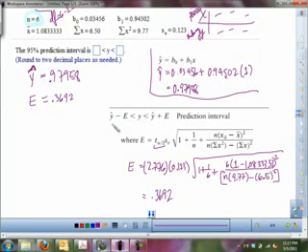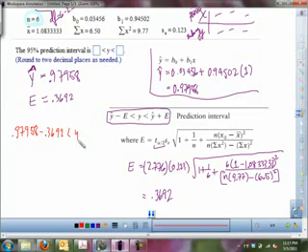And we want our prediction interval to look like this. So we have 0.97958, and then a minus 0.3692, less than y less than 0.97958, and then a plus the margin of error.